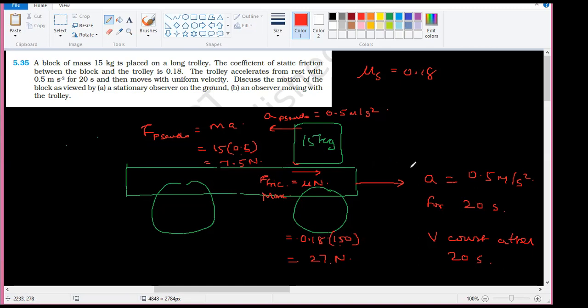Any questions here? So take it down. Discuss the motion of the block as viewed by the stationary observer on the ground, and an observer moving with the trolley. If a guy is standing inside the trolley, this block is stationary. It's something like you're sitting in a train coach. If there is a block, it is stationary with respect to you. But with respect to a stationary observer outside the trolley, it is going at the same speed as the trolley. So the block will be accelerating just like the trolley for 20 seconds, and then it will be going at a constant speed for a stationary observer.